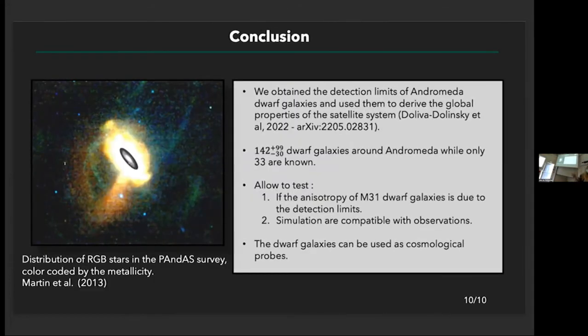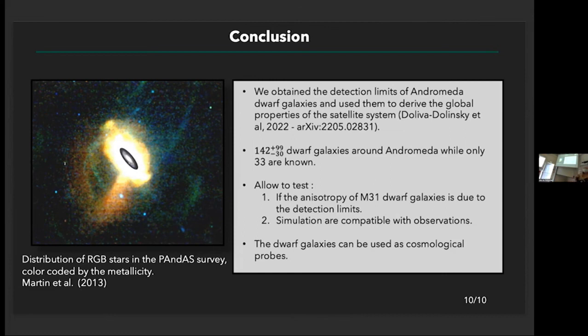So to summarize, we obtain the detection limits of Andromeda's dwarf galaxies, and we use them to derive the global properties of the satellite system. So we infer a number of dwarf galaxies of 142 around Andromeda, while only 33 are known. All this work will allow us to test different things.